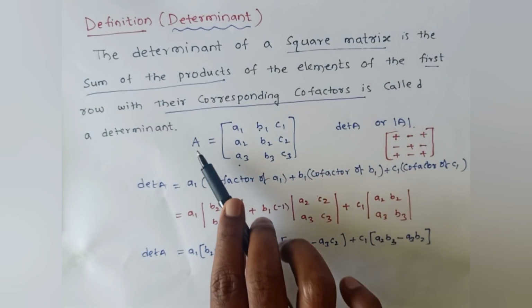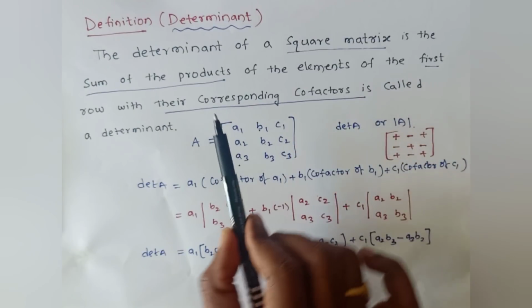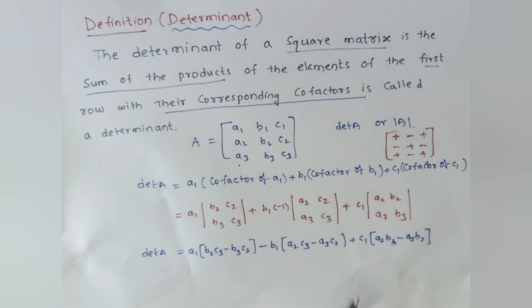To evaluate the determinant of a 3 by 3 matrix using any row or any column, there is no change in the answer. The answer is always unique.